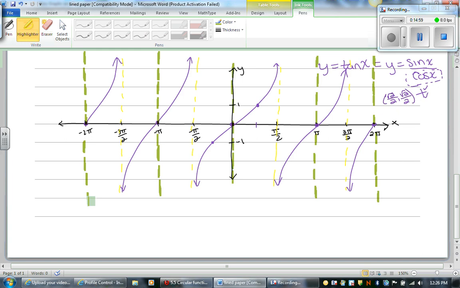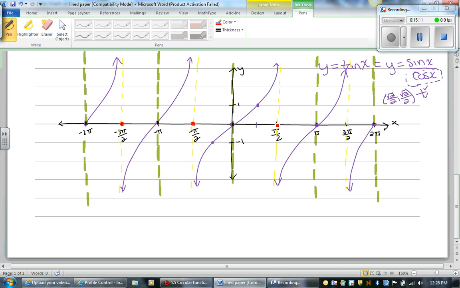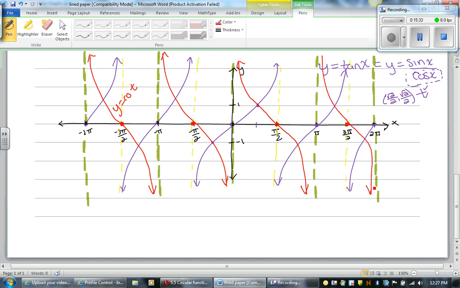And then my zeros are going to become where my asymptotes for my original function were. So here. Okay. And my function is actually kind of going to be flip-flopped here. So here's y equals cotangent. Okay. All right. So there we have tangent and cotangent.